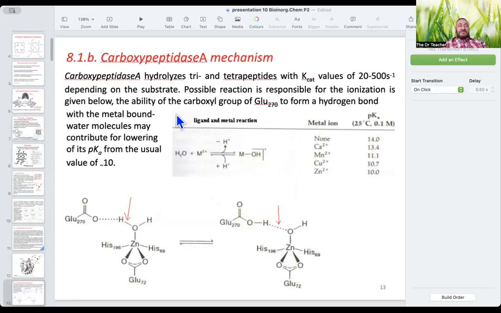The carboxypeptidase mechanism is being studied in detail, with tetrapeptides with turnover values of 20 to 500 per second, depending on conditions. Everything here you can see is ligand and metal reaction: there is a water with the metal losing one hydrogen, so it will be hydroxy metal.